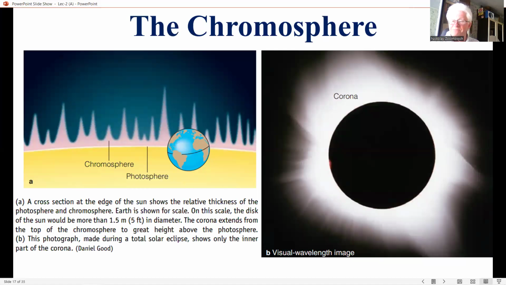See this slide. Because the chromosphere is roughly thousands of times fainter than the photosphere, you can see it with your unaided eyes only during a total solar eclipse, when the moon covers the brilliant photosphere. Then the chromosphere flashes into view as a thin line of pink just above the photosphere.